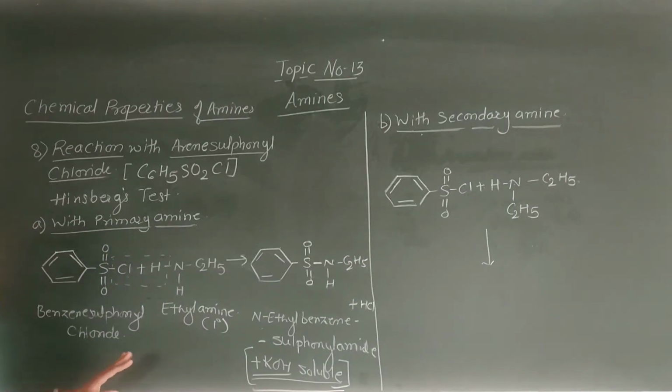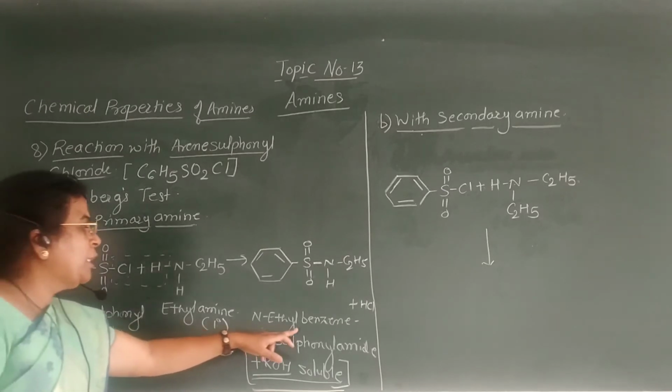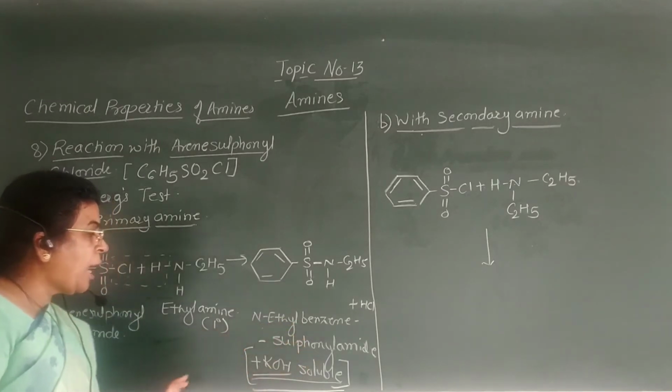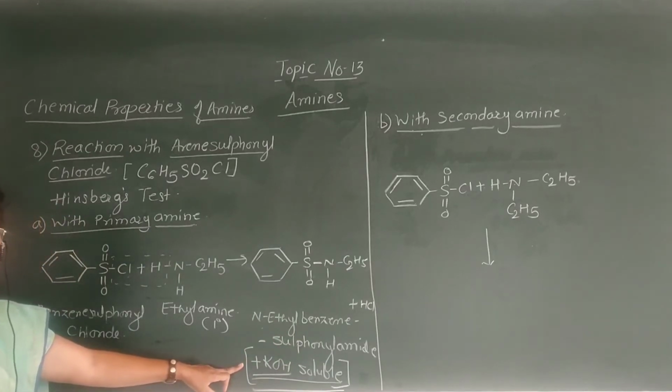Now we are going to see the next reaction. That was the reaction with a primary amine, that is, Hinsberg's test, in which formation of N-ethyl benzene sulfonyl amide takes place, which is soluble in a base like KOH.